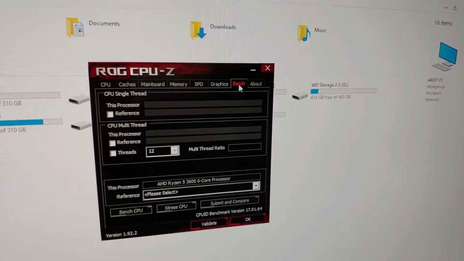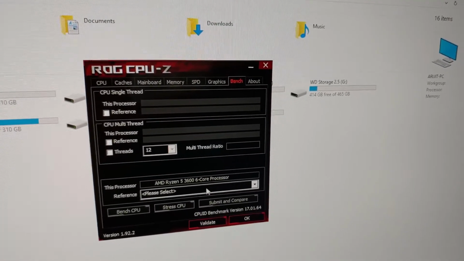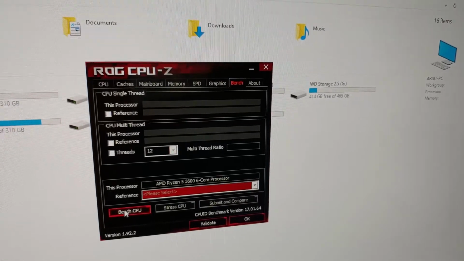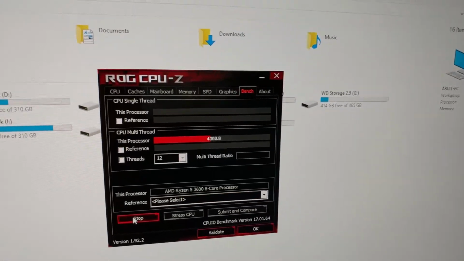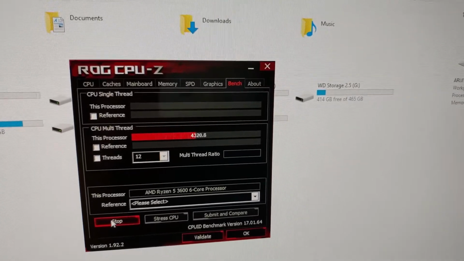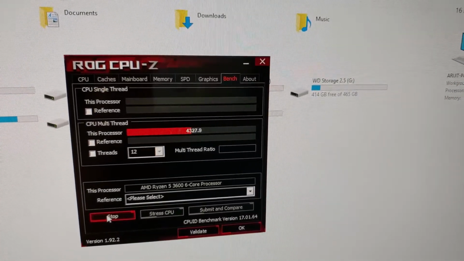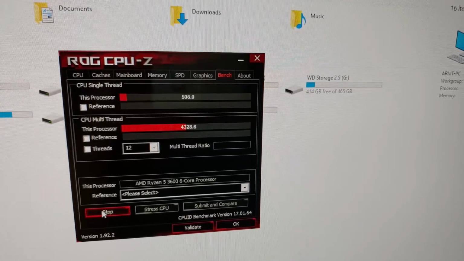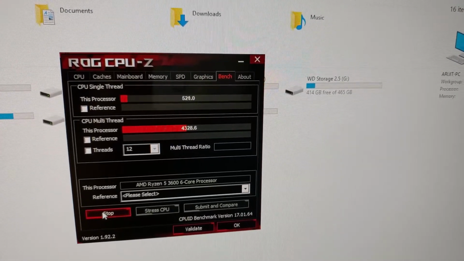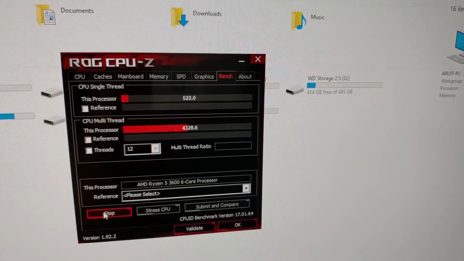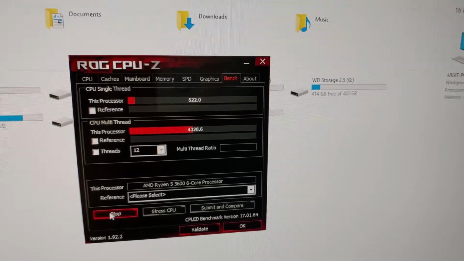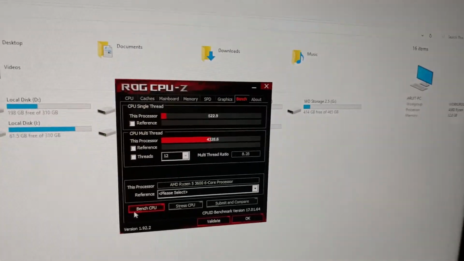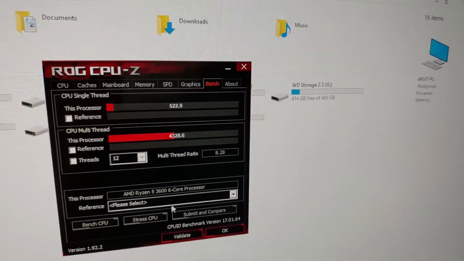Go to Bench and select Bench CPU. This is the multi-thread score, and now it is performing the single thread score. I will get the performance metrics to you in a minute. Yeah, it has completed. Let me show you how well it fares.